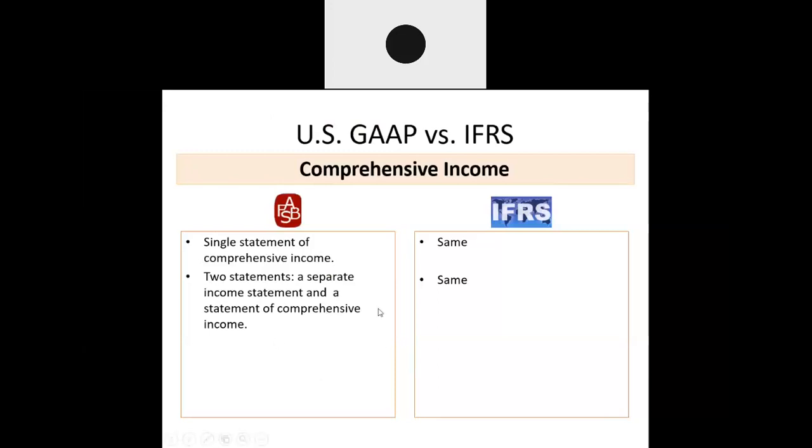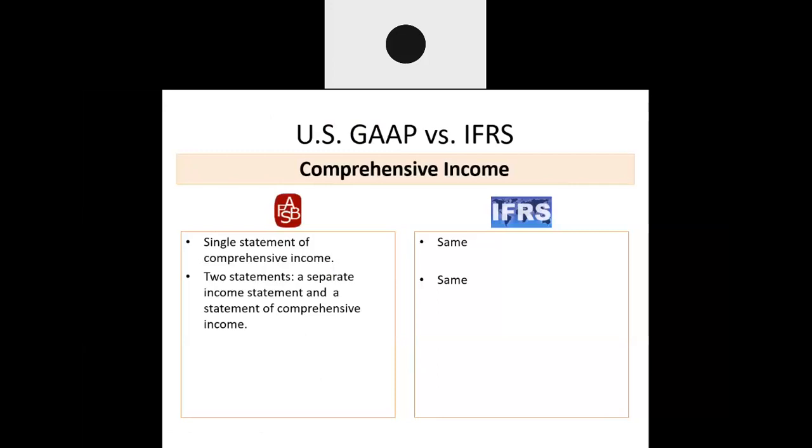Before 2011, US GAAP under FASB allowed a third presentation option, which was to report the items of other comprehensive income in the statement of changes in shareholders' equity.